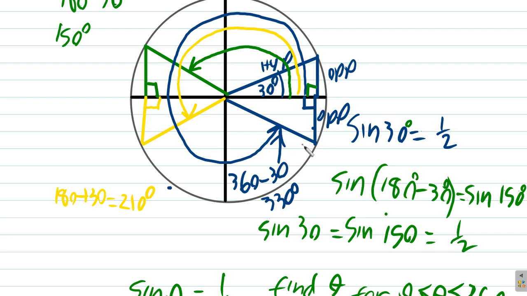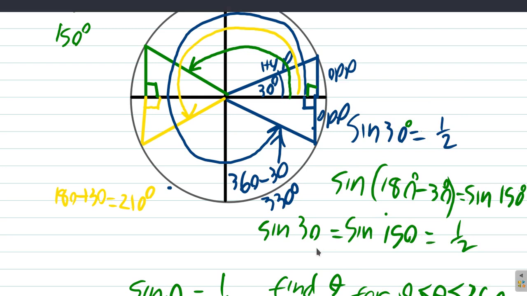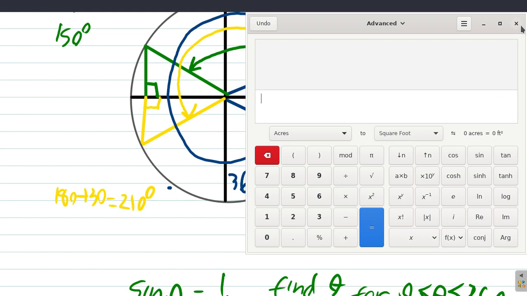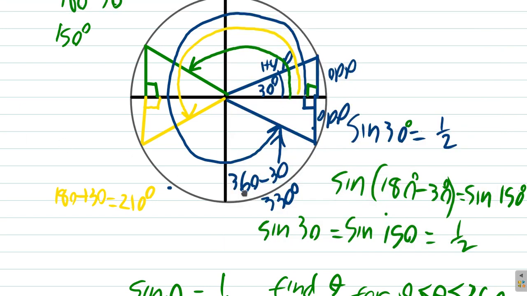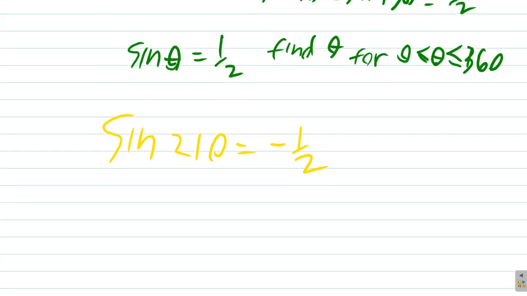The opposite for 330 degrees is measured from 0 downwards. So I expect that the sine of 330 is going to be a negative half. Let us see. We want to find the sine of 330. Sine 330 degrees equals negative a half, right? So the sine of 330 degrees is equal to negative half.